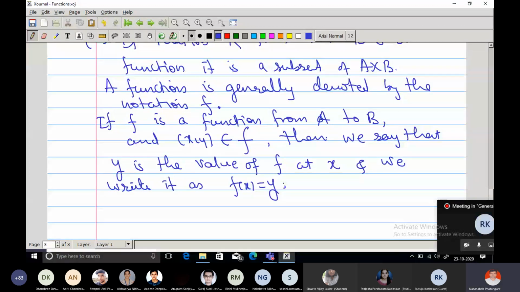So if the pair (x, y) is in f, we say that the second component is the value of function f at x.